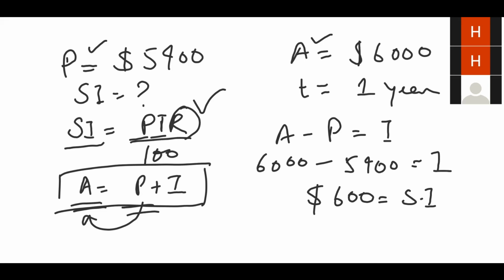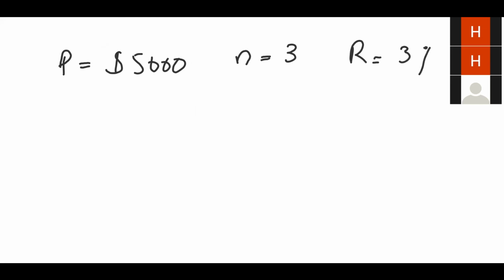Okay, so now moving towards another question about our compound interest. Find the compound interest on $5,000, which means our principal amount is $5,000, for 3 years, which means N is equal to 3, at 8% per annum, which means our rate is 8%.